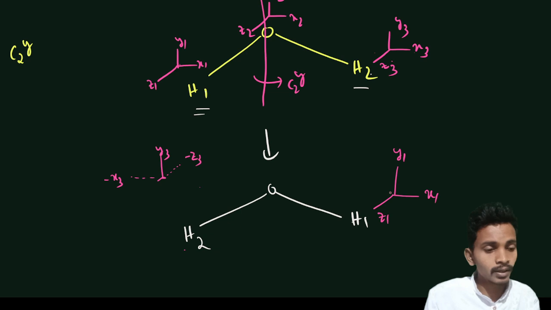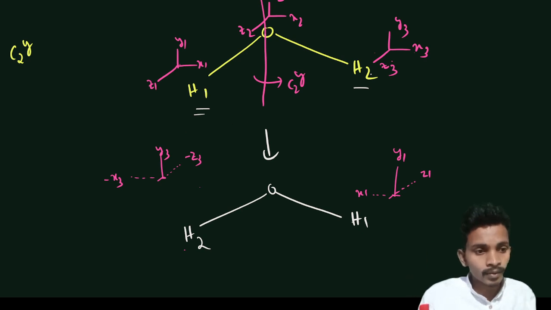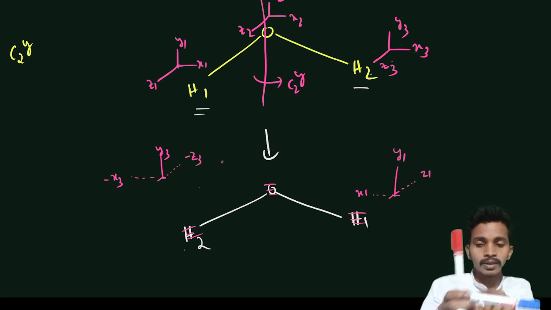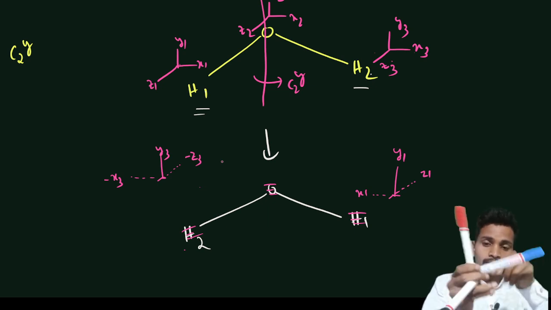After the 180 degree rotation, z1 comes here and x1 goes here. Same thing for this oxygen also: the front will become the back.